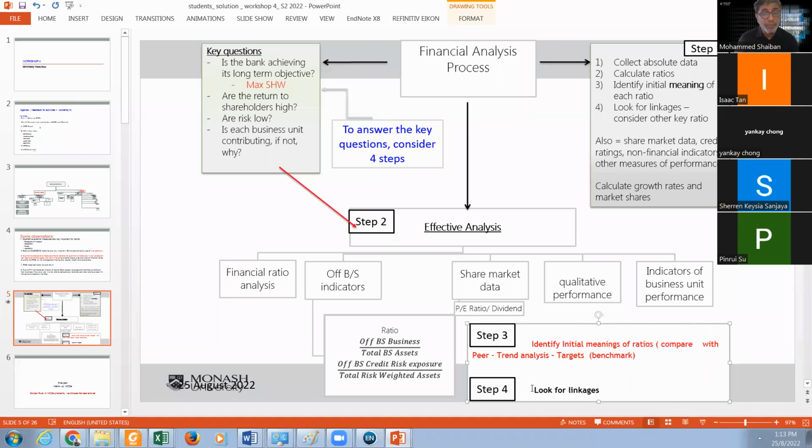And if there are big differences, a big jump or a big fall, then you have to look for linkages and see where it comes from. And this is the full picture, which is coming here, on this slide.